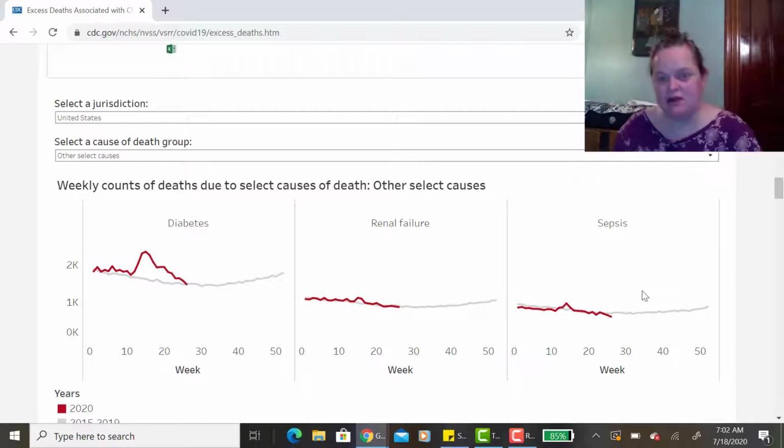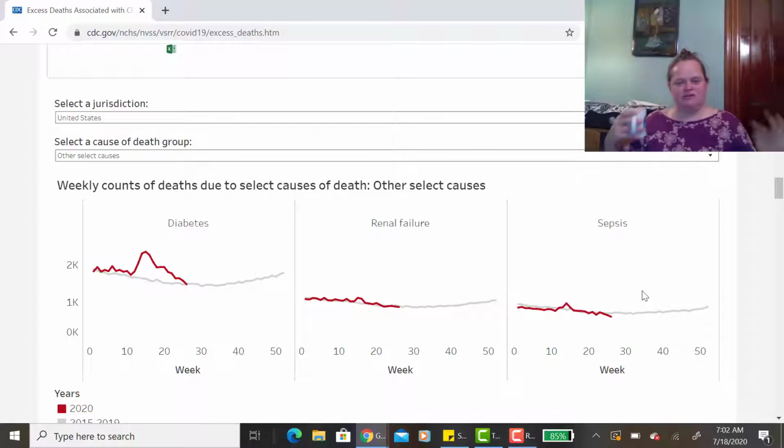Diabetes can cause a lot of additional problems, so you're more likely to have heart disease and other things. I am not a medical person, obviously, but how they determine cause of death, we're trying to get at the primary cause of death. That said, they will list multiple causes.